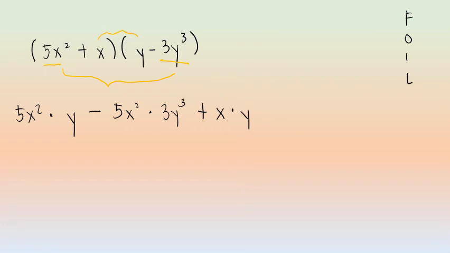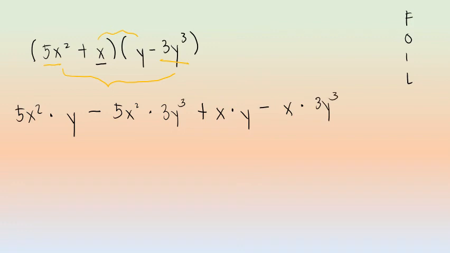Then your last terms are, for binomial 1, x, and for binomial 2, 3y cubed. So positive x multiplied by negative 3y cubed. Positive times negative is negative. So minus x times 3y cubed.